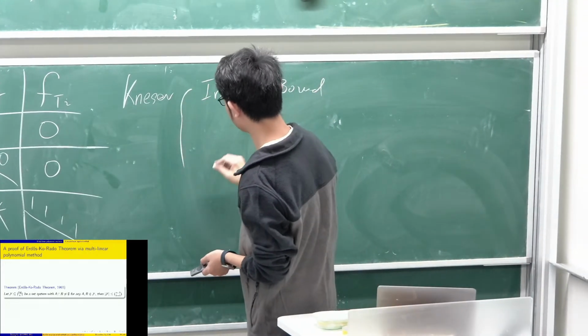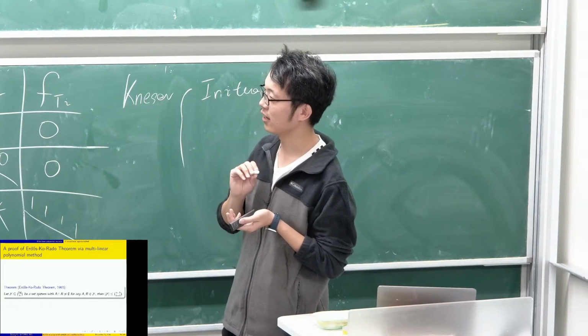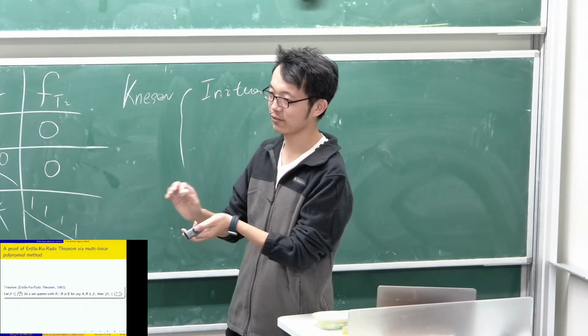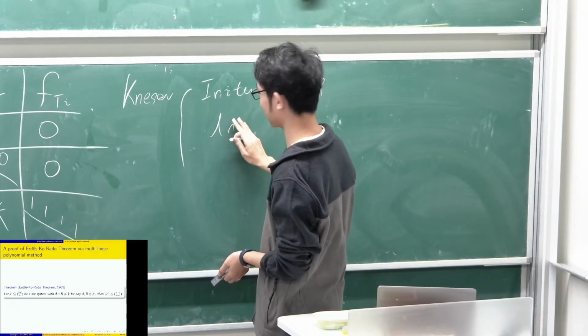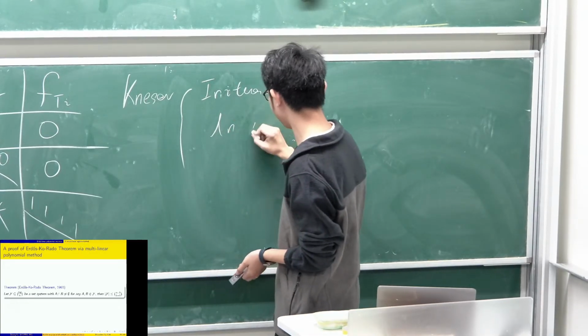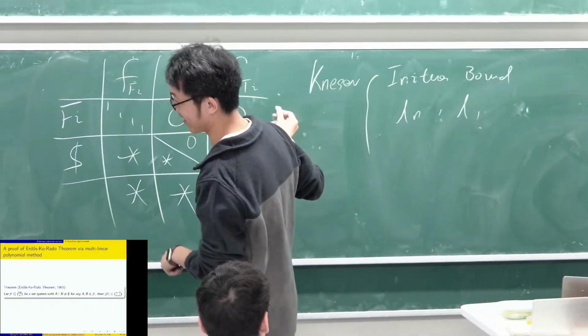Another way is because you know the largest eigenvalue and the smallest eigenvalue, so you can also use a bound like that. I forgot the correct form.